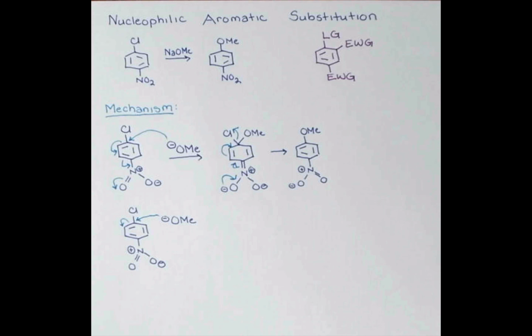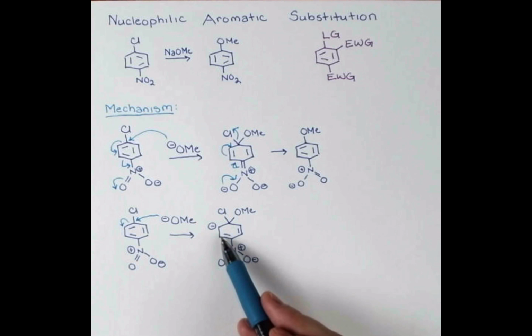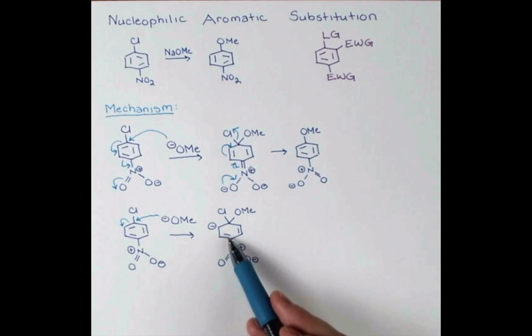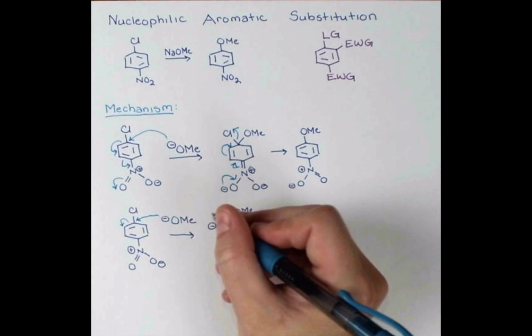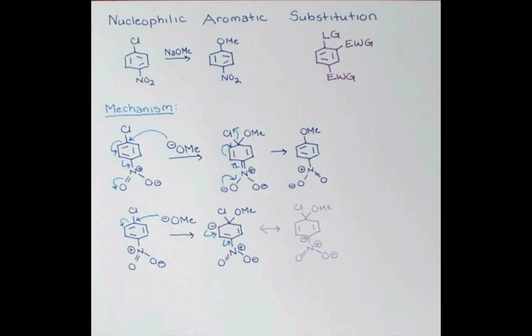This arrow pushing gives us this compound. Now we can push electrons in here, making a double bond, and take the electrons from this double bond and push them onto the carbon. That gives this resonance form.